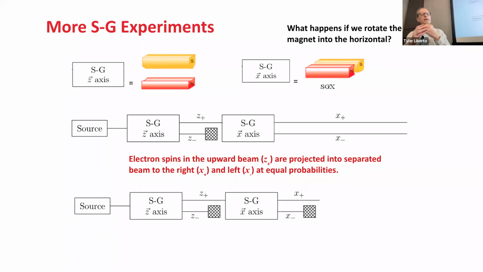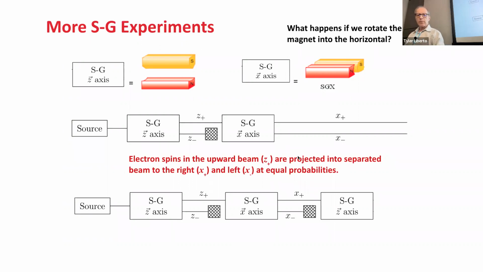I dump again the leftward or the negative X direction. That means I have only one beam left. So this is X plus, or the deflected beam to the right, and I send this beam into another magnet, which is in the Z direction.